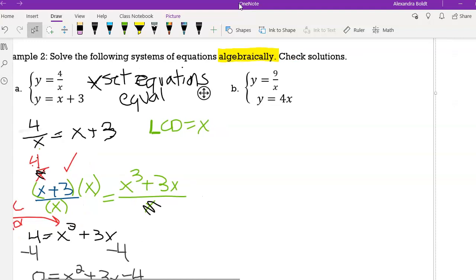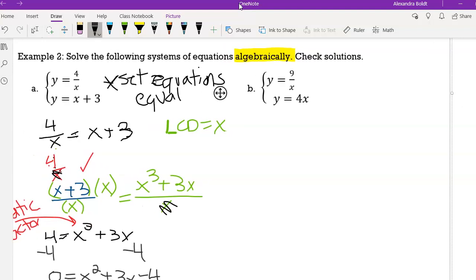Alright, let's look over B really quick. Same idea. I'm going to set my equations equal. So again, I have 9 over x equals 4x. My LCD should be easy because I only have one denominator, so my LCD is just x.